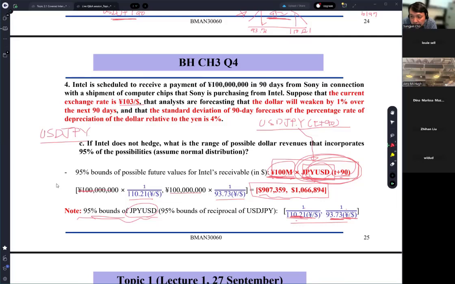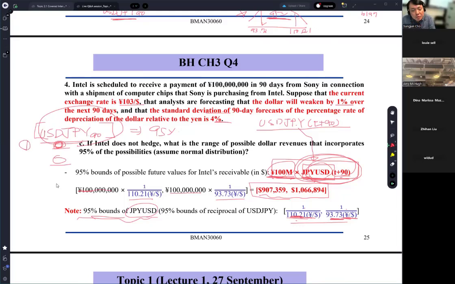Given the forecast about the mean, you can get the mean forecast about this one. Given the standard deviation of change, 4%, you can get the standard deviation of the future exchange rate, USD JPY. Once you get mean and standard deviation, you can get the 95% bound for this. But that's the first step you have to take.